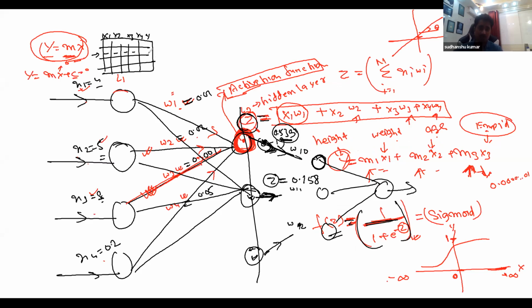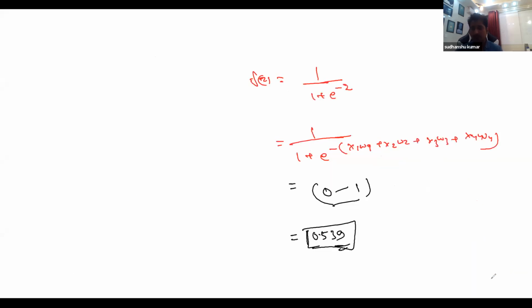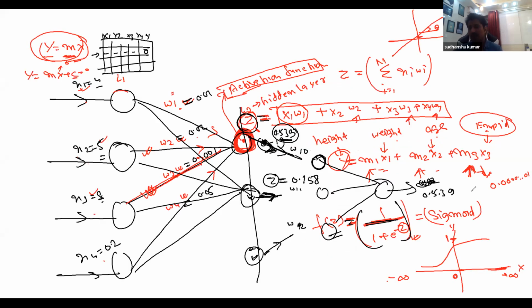So let's suppose for this data I was expecting 0 and I have received 0.02, or let's suppose I have received 0.539, but I was expecting 1. Possible, right? Or maybe I was expecting 0, and I have received this much.